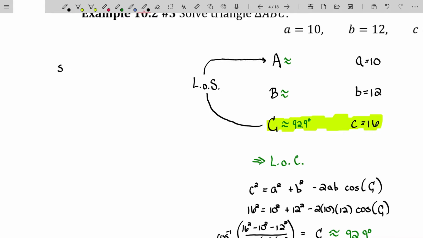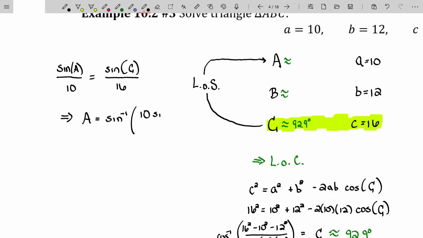So sine of angle A is to its opposite side as the sine of angle C, which I'm just going to write as angle C because that's an approximation and I'm going to go to Desmos for the actual value, divided by its side, C. Multiply both sides by 10 and then take the sine inverse and you will get A is equal to the sine inverse of 10 sine of angle C divided by 16.